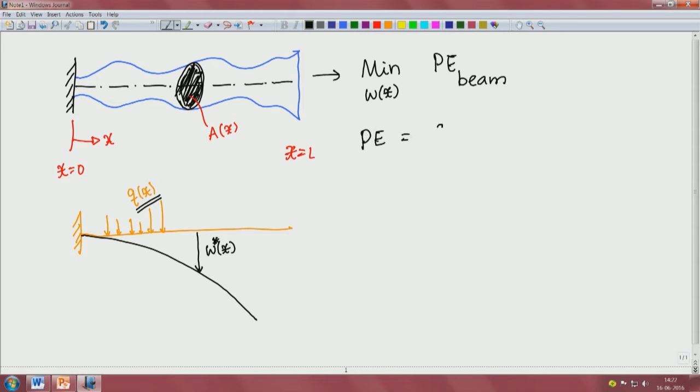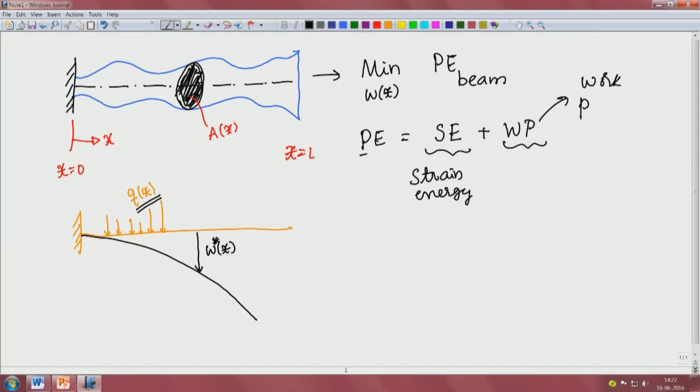In general, potential energy is strain energy plus work potential, as we had already stated once. Strain energy is this SE, and work potential we can actually call work potential energy.